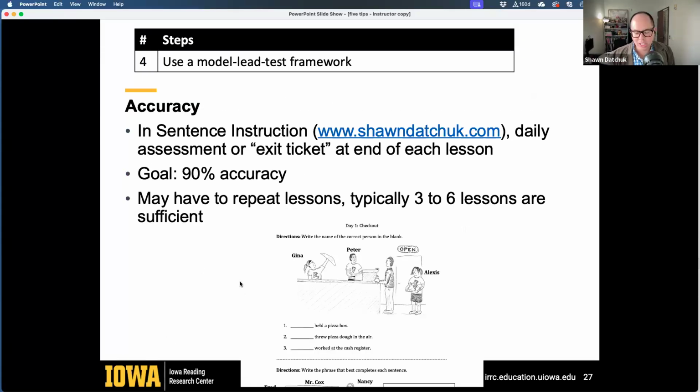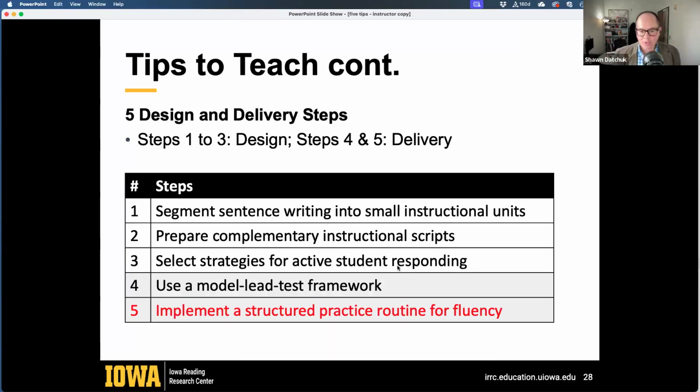Now, the goal is 90% accuracy, and it would be with, again, the basic building blocks of a sentence. In lesson one, it would be figuring out what's the part that names, what's the part that tells more, using a capital and an end mark. And then after students have a chance to receive that instruction, and again, it has taken about 3 to 6 lessons.